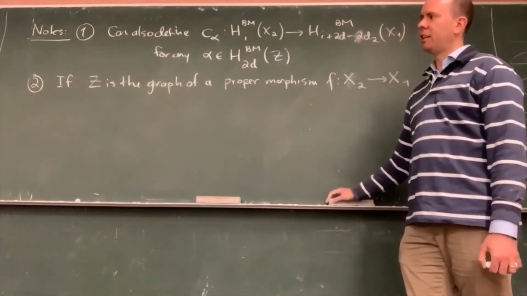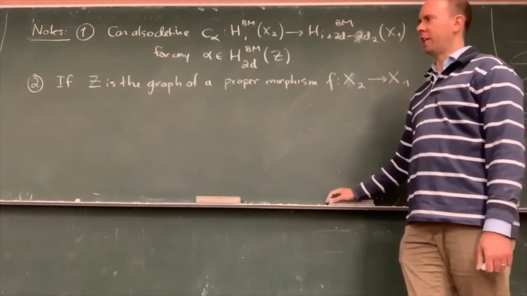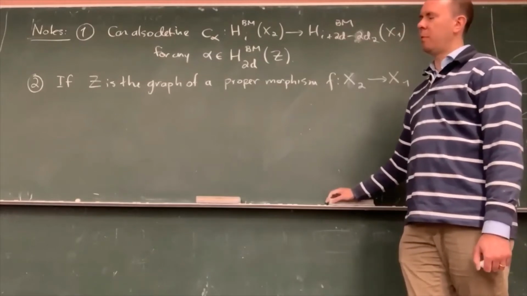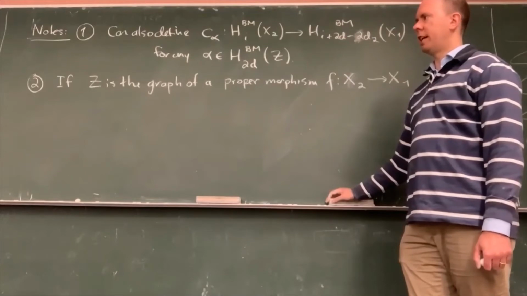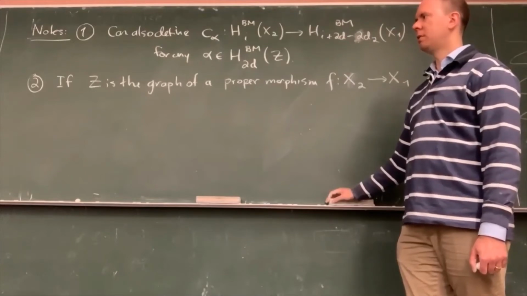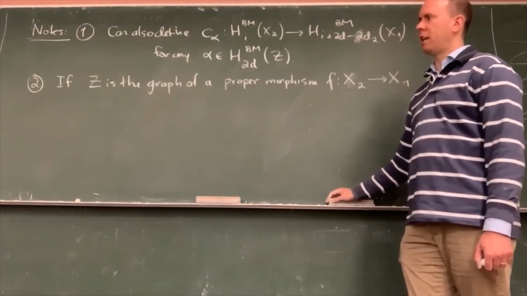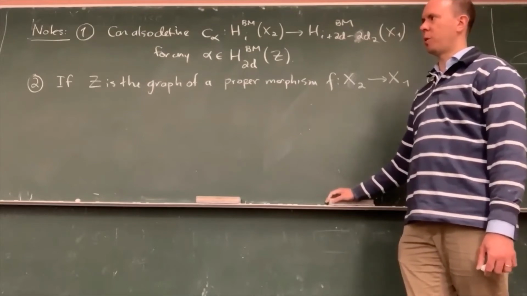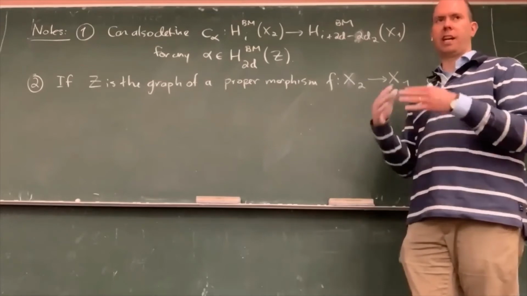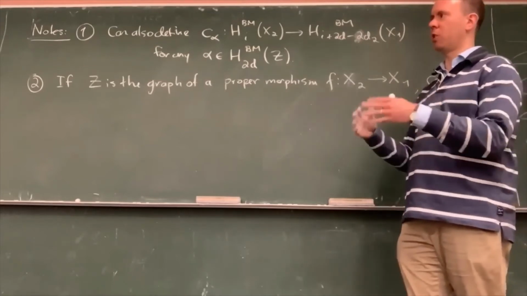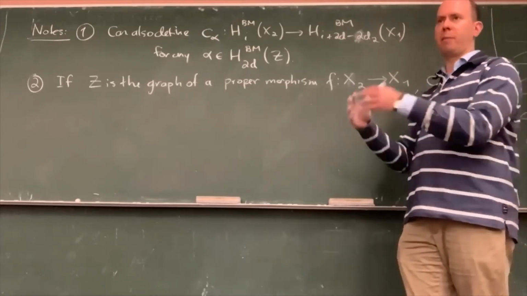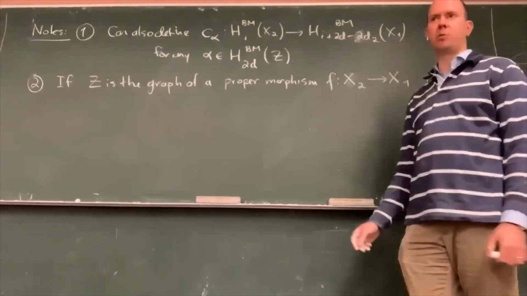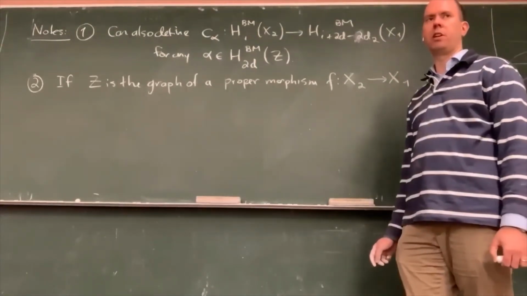So the word correspondence is used to mean a lot of different things. As I said, there's an algebraic geometry definition of correspondence in terms of the actual varieties. So Z is a correspondence between X1 and X2 if you have maps satisfying some properties, and those properties would themselves differ from author to author.